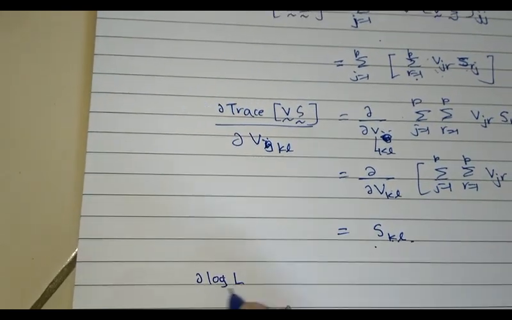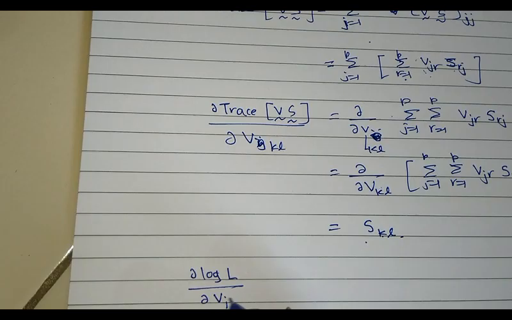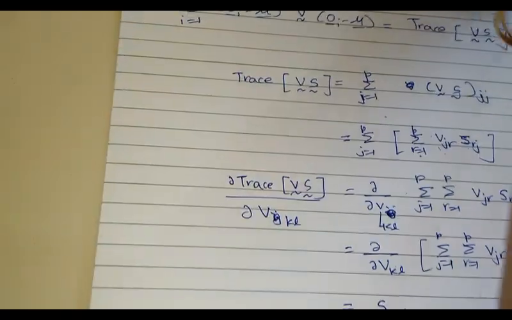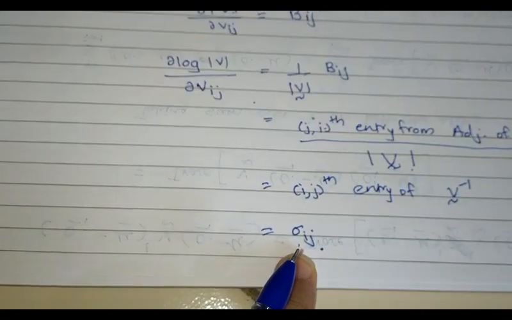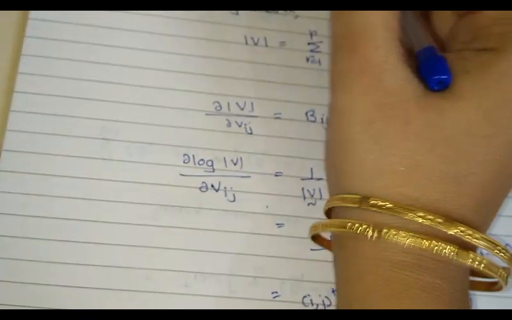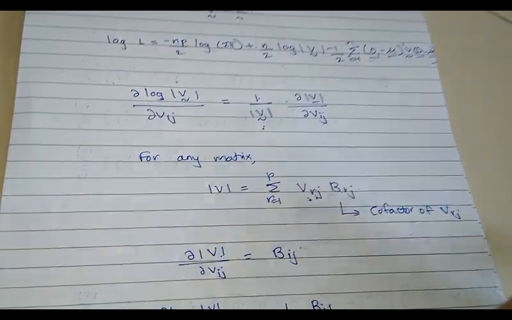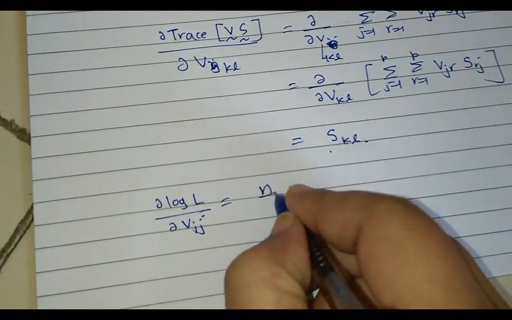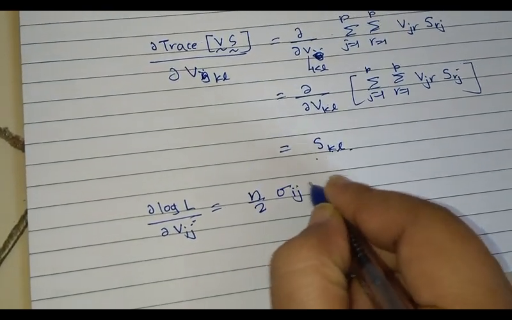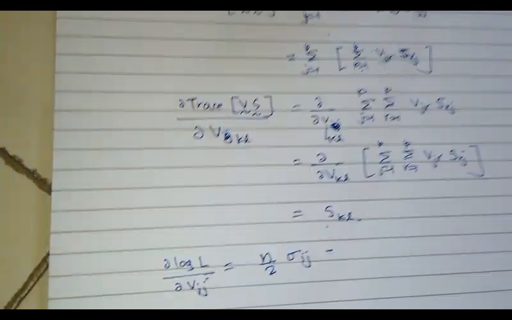what I am left with is ∂ log L upon ∂ V_ij. The first term vanishes. For the second term, we know that the derivative of log determinant of V is just σ_ij, but I have n by 2 sitting over here, so I will be left with n by 2 σ_ij.